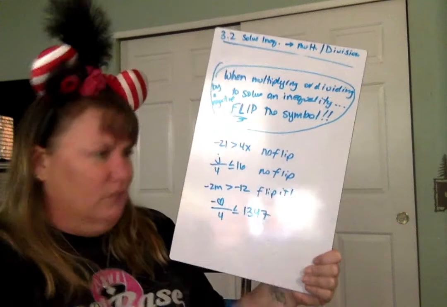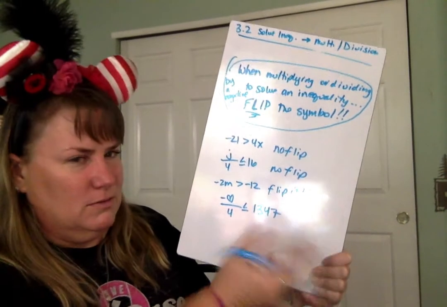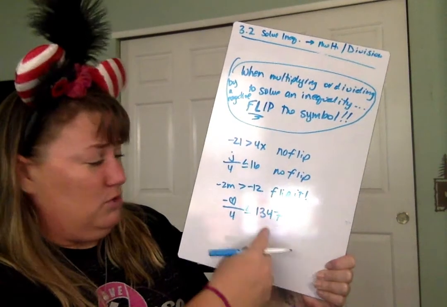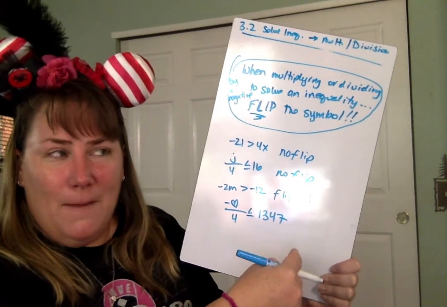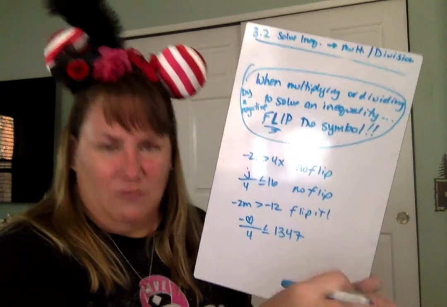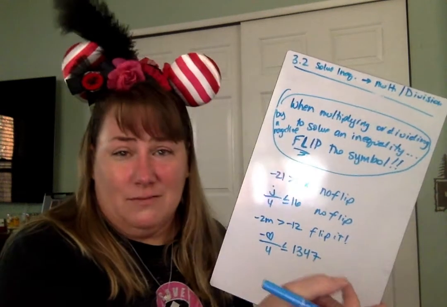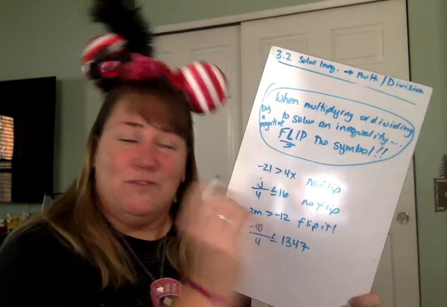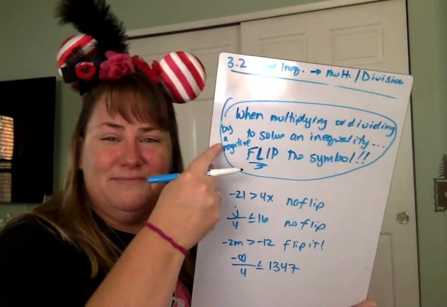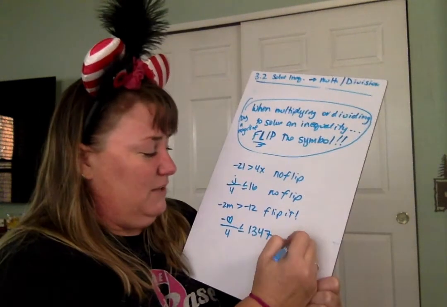Well, if you solve it like you're used to, multiply both sides by 4, and then you have negative heart is less than or equal to whatever the product of that is. But remember, you want the variable by itself, and so you have the opposite of heart, which means you then have to divide by a negative 1. Ha! So if you divide it by a negative, in order to solve, you gotta flip it. So this is a flip.